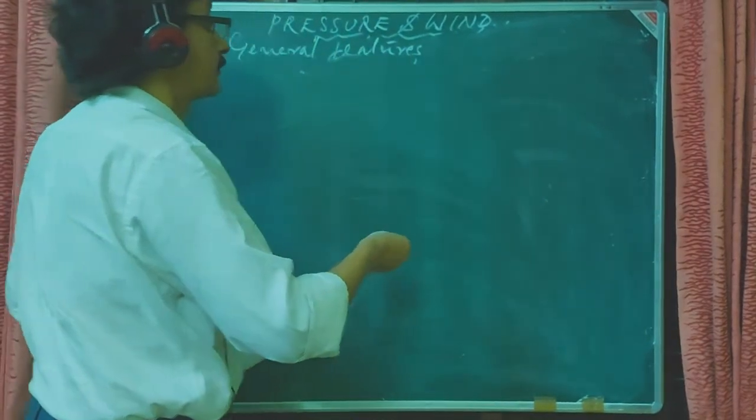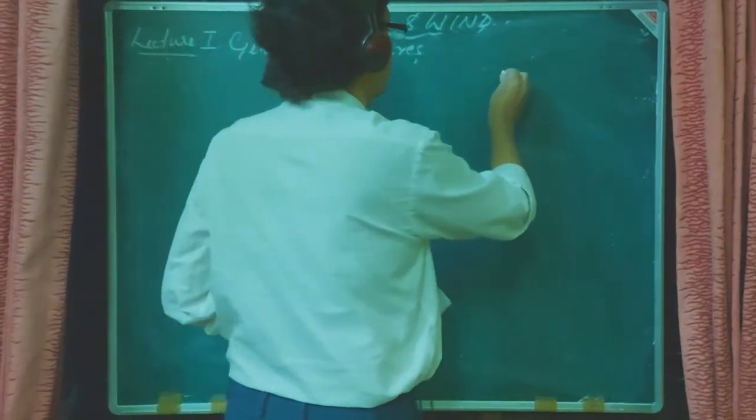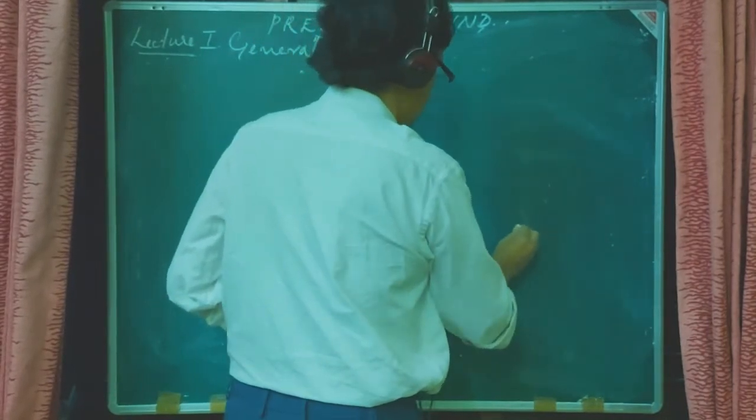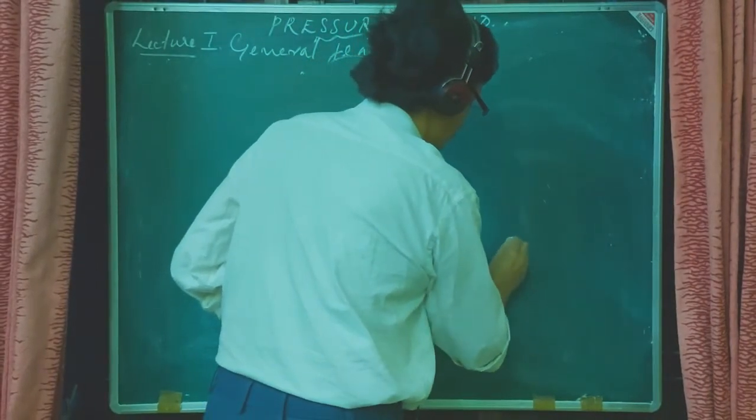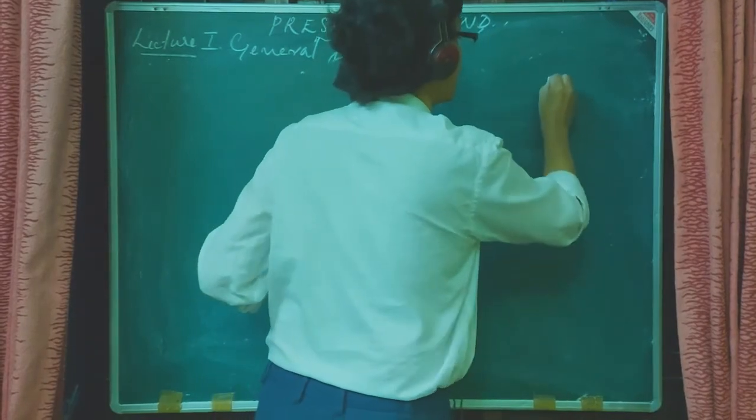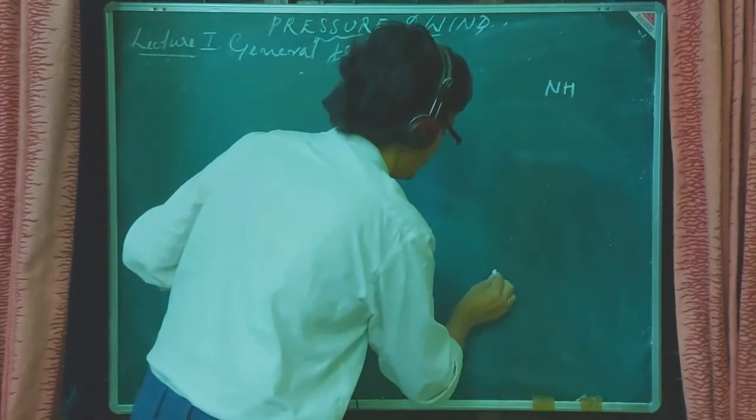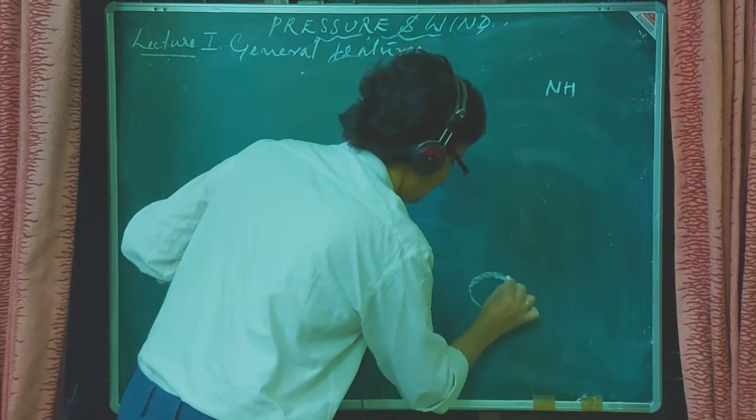Say in the case of a cyclone, already we have seen, in the northern hemisphere, the cyclone is characterized by a low at the surface.